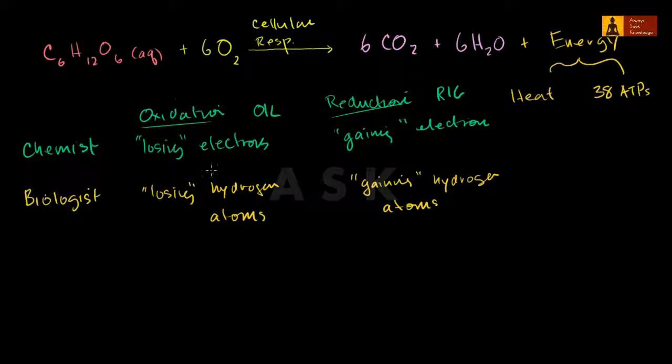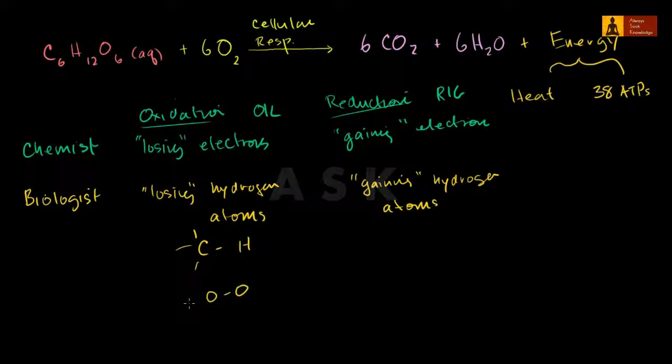The reason we said that these two ideas are consistent is because if I'm talking about a carbon that is losing a hydrogen, let's say I have some compound that looks like this, maybe connected to a bunch of other things someplace else, and then I have a carbon that looks like that, and an oxygen that's maybe bound to another oxygen.